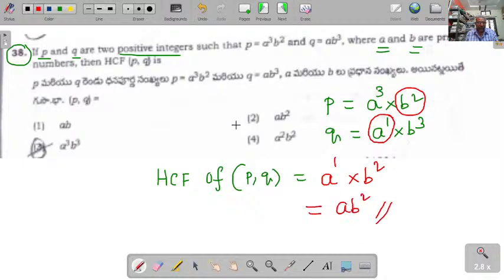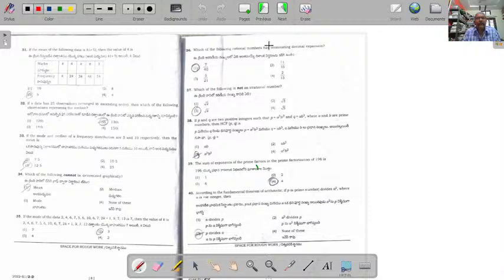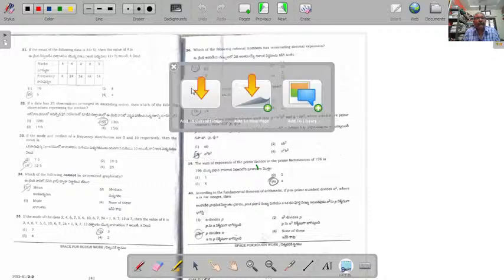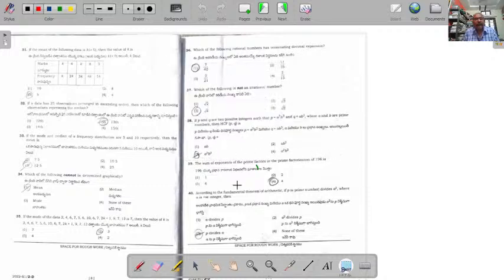So the second option is the right option. HCF, not LCM. Yes, absolutely correct. Option 2 is the right option. Manikanta, you are absolutely correct. Wonderful job you are doing. Right. So the next question is also a very interesting question that's based on the fundamental theorem of arithmetic only.